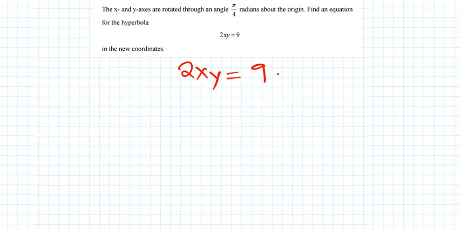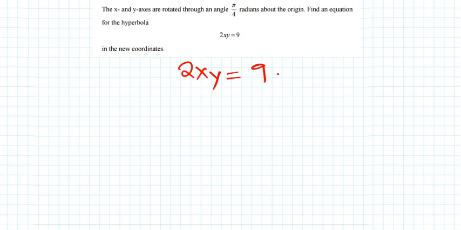We are told the x and y axes are rotated through an angle of pi over 4 radians about the origin. Find an equation for the hyperbola in the new coordinates. So we have to find the equation of the hyperbola in the new coordinates after rotating by that magnitude. Let's just do that.